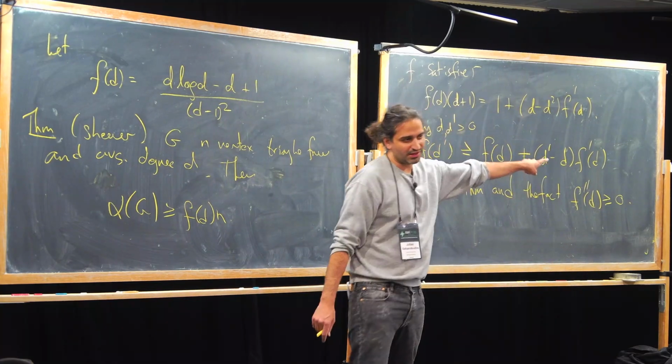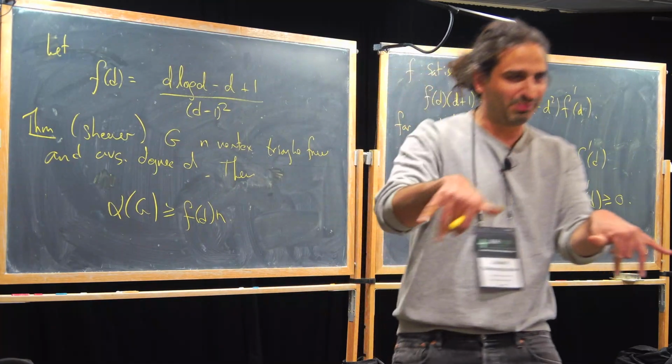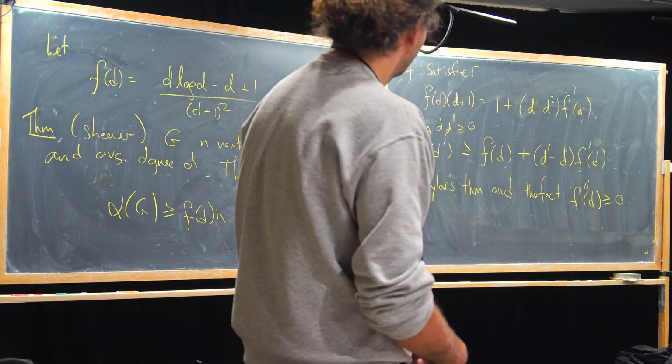So you just use the remainder version of Taylor's theorem. The next term in it is always positive, and then you delete it.